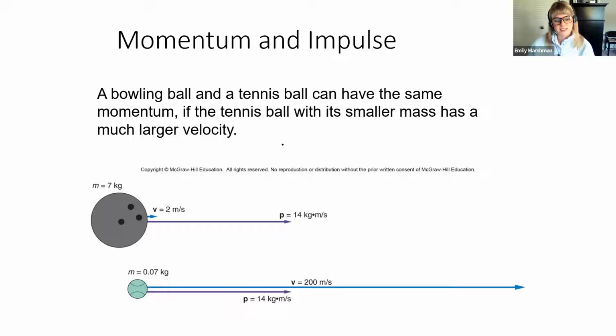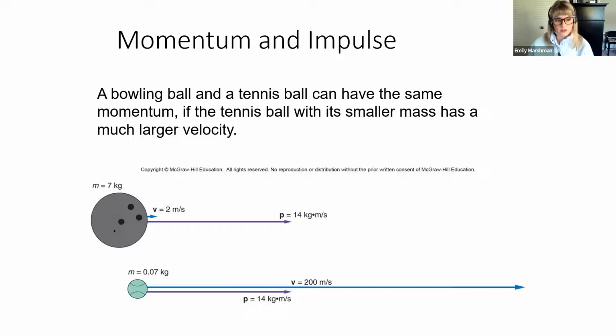So we might think to ourselves, could a bowling ball and a tennis ball ever have the same momentum, right? Because the bowling ball is so much more massive. Well, in reality, it could have the same momentum. If the tennis ball is moving fast enough, as shown here, even if its mass is very small, its momentum is 14 kilogram meter per second.